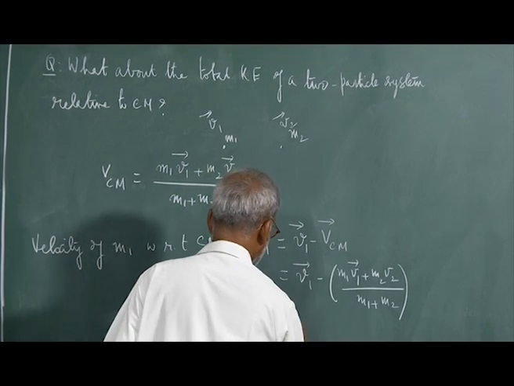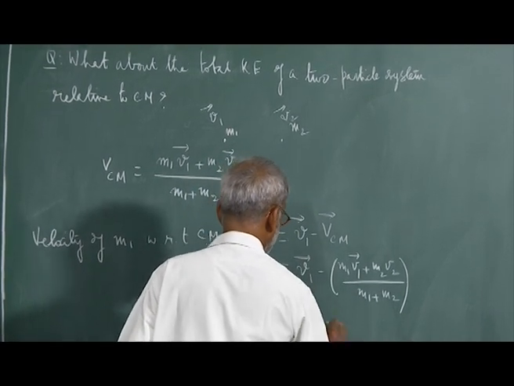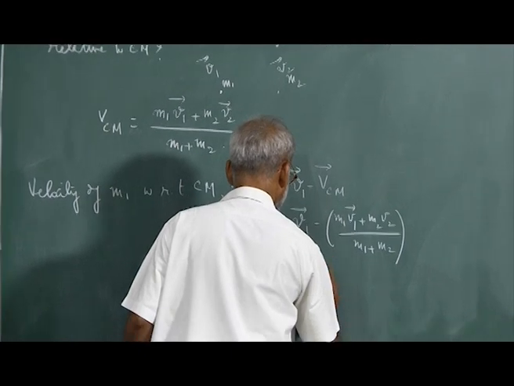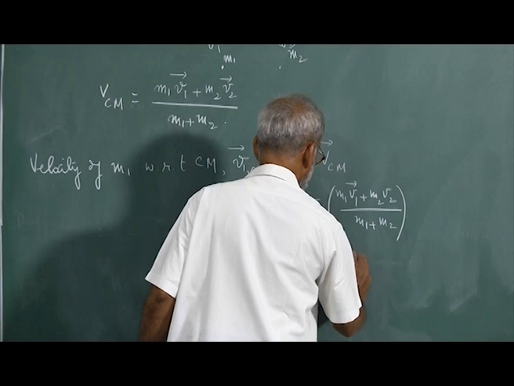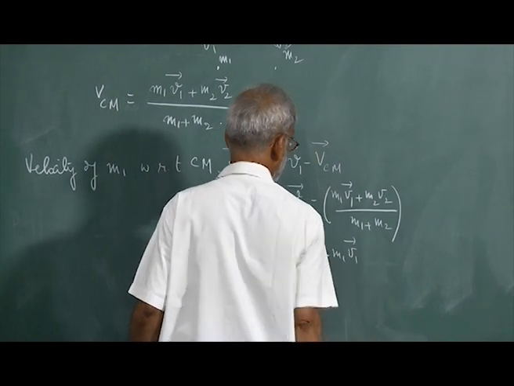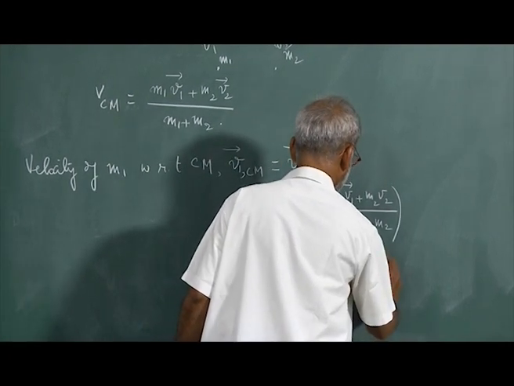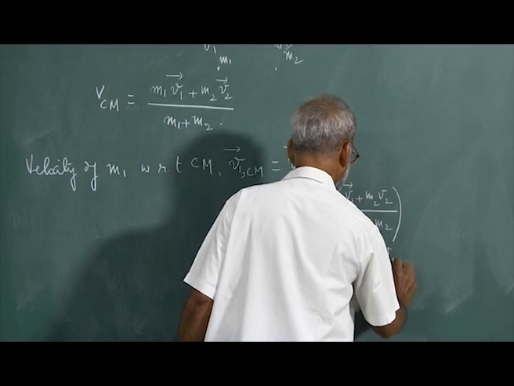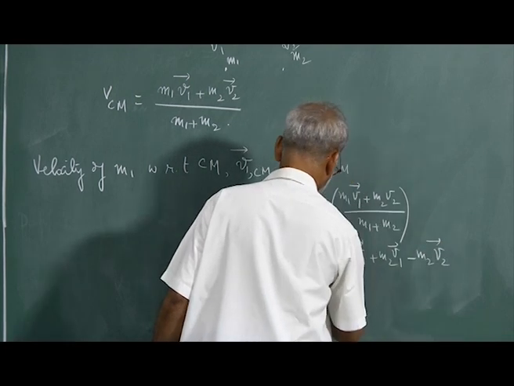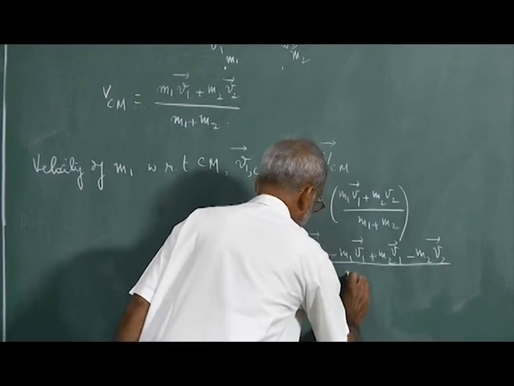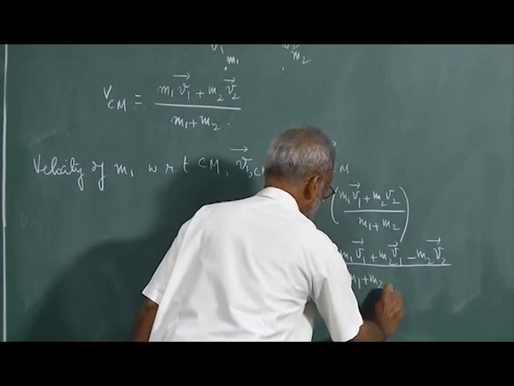I do the simplification: v1 minus m1 v1 plus m2 v1 minus m2 v2 divided by m1 plus m2. I will do this calculation for the first particle, the second particle is simple, right.